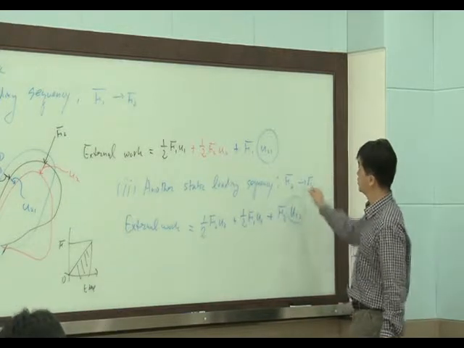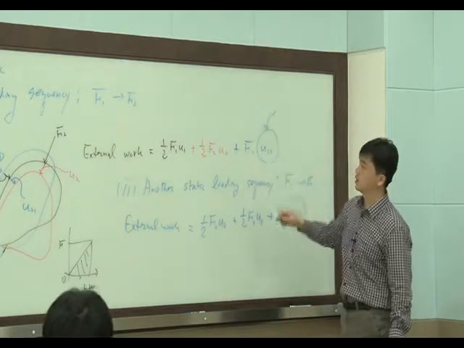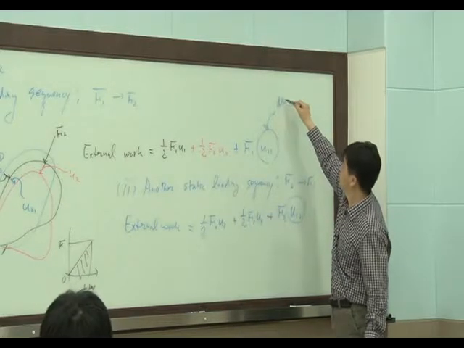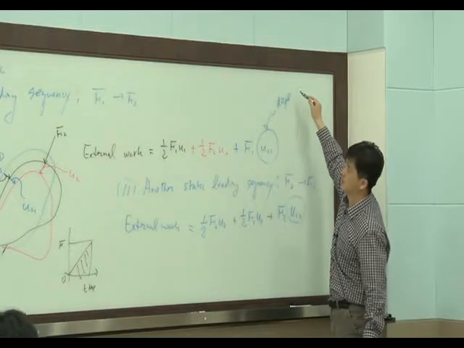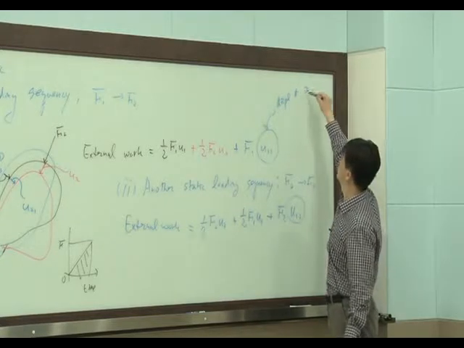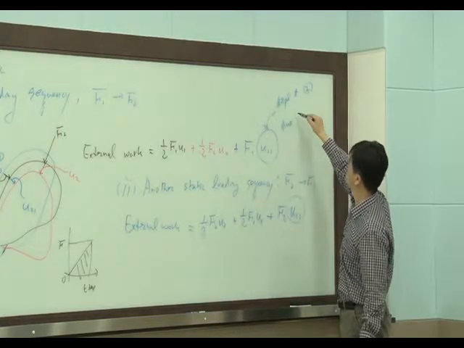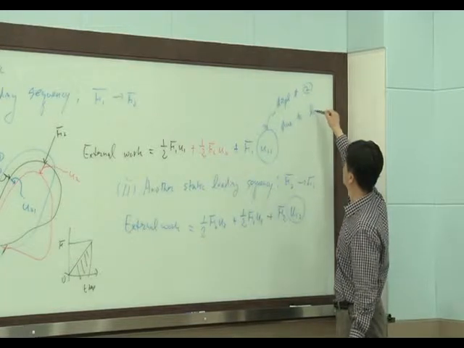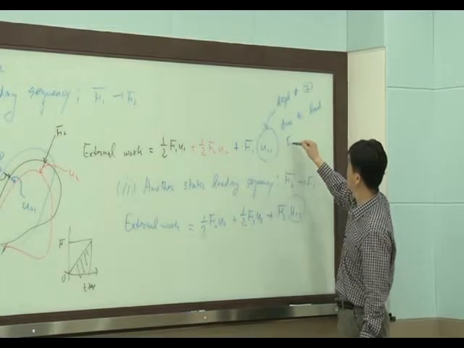So here U21 and here U12. U21 is a displacement at 2 due to load F1, right?